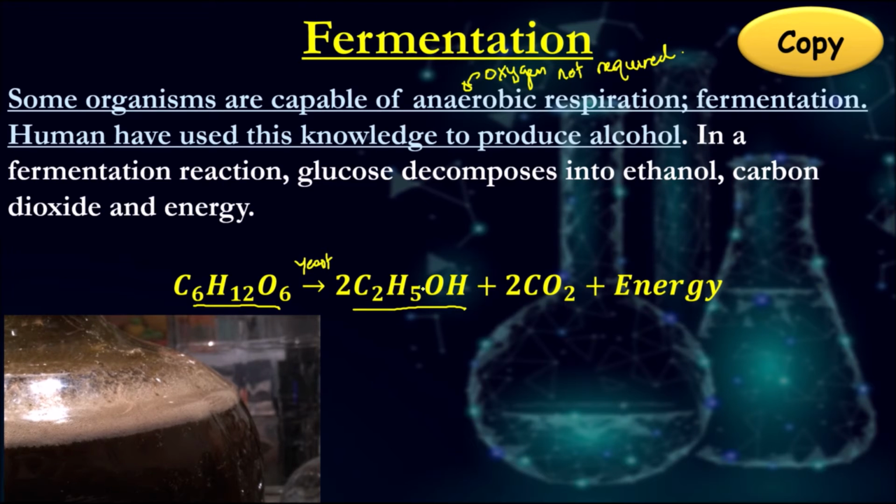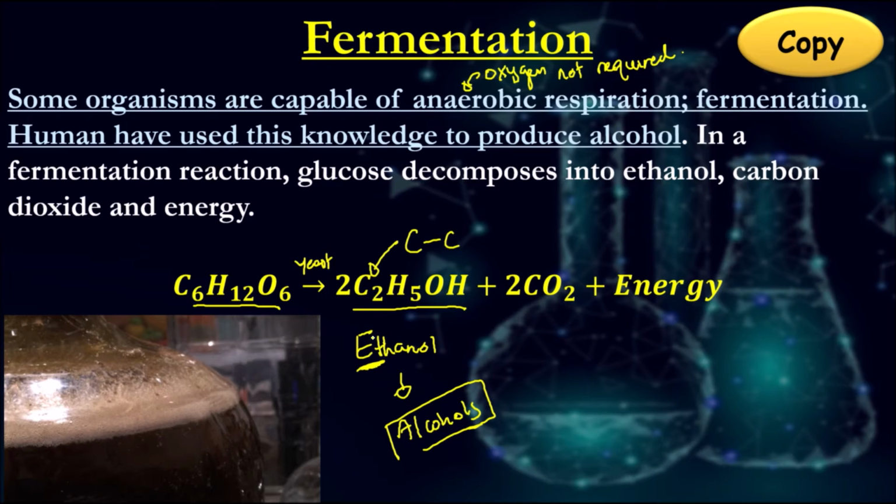As you can see, this is a decomposition reaction. It produces a chemical known as ethanol, and this is a type of alcohol. Not as in the brand of alcohol, but just a particular chain of alcohol. In ethanol, eth represents the 2 carbons here, so ethanol represents a 2 carbon chain alcohol. It also produces carbon dioxide, which, if you have a look at this little animation here, you can see little fizzy bubbles producing.